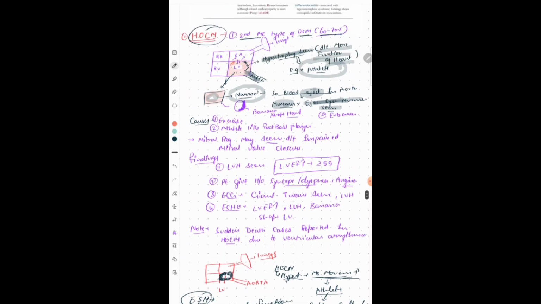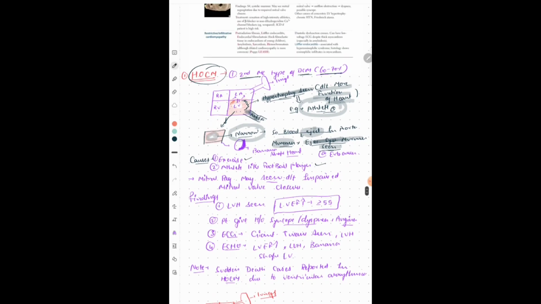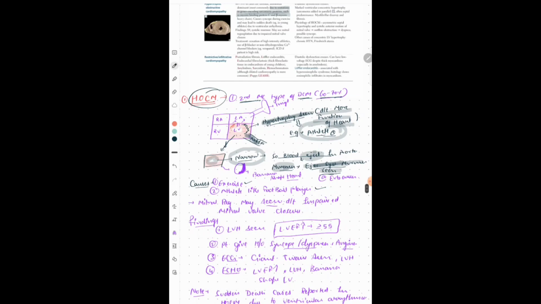In this you have to learn that hypertrophy's common example is athletes. There is an ejection systolic murmur seen, and it is due to exercise in the athletes. And you have to learn one thing also, when there is stenosis, here is more. The blood is going upward and into the lungs.